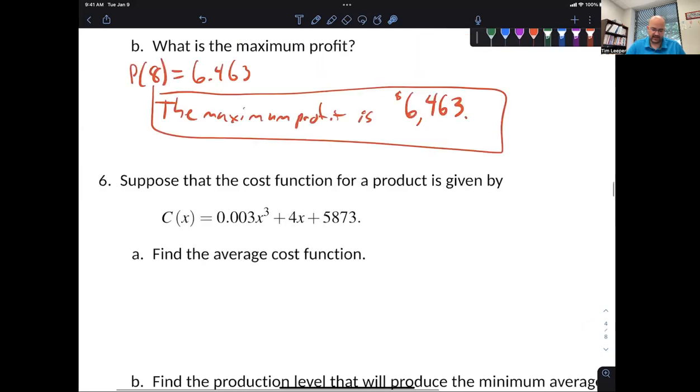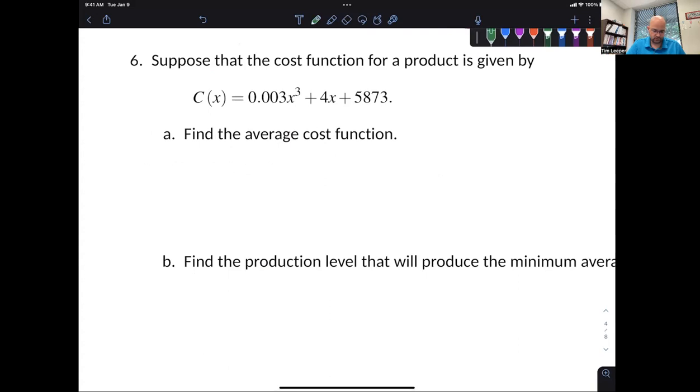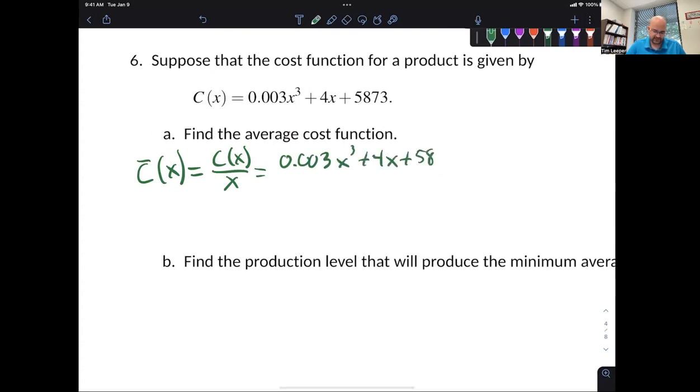Now, to find the average cost function, remember we're talking about C bar of x. C bar of x is C of x divided by x. C of x here is 0.003 x cubed plus 4x plus 5873, and I want to divide all of that by x.